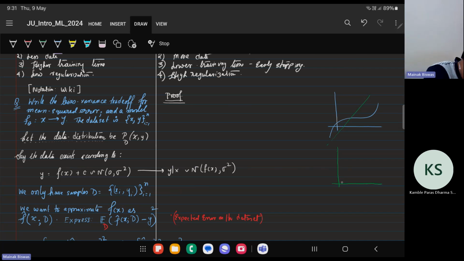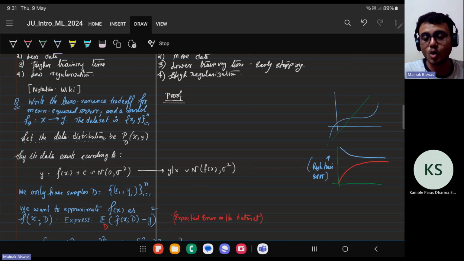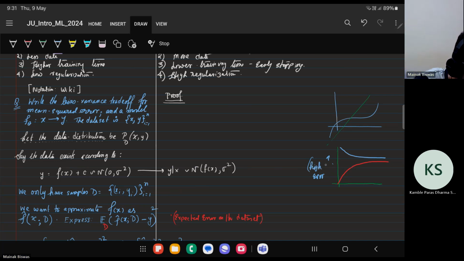Your train error will also be very high compared to your test error. Sorry, I'm saying accuracy. It means low train accuracy, high train error, and high cross validation error. This is an underfitting case.